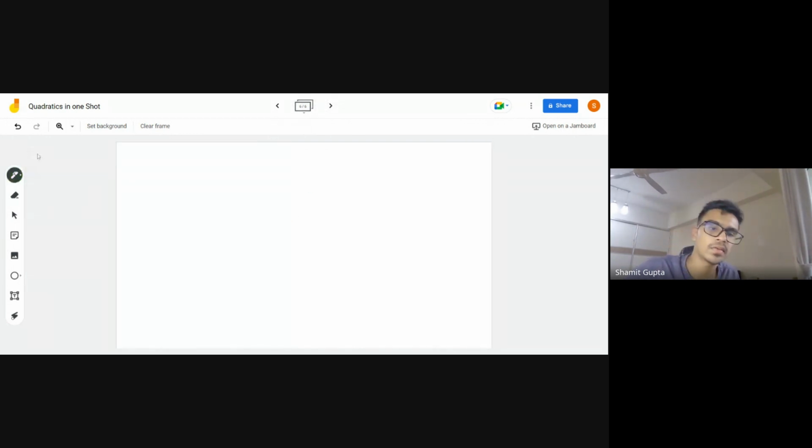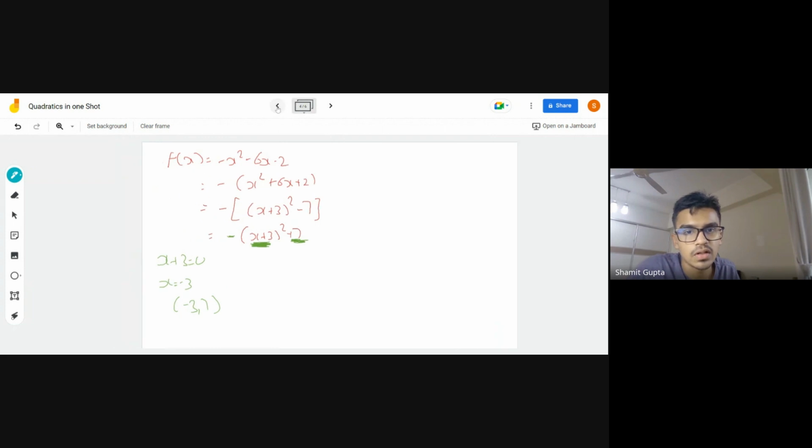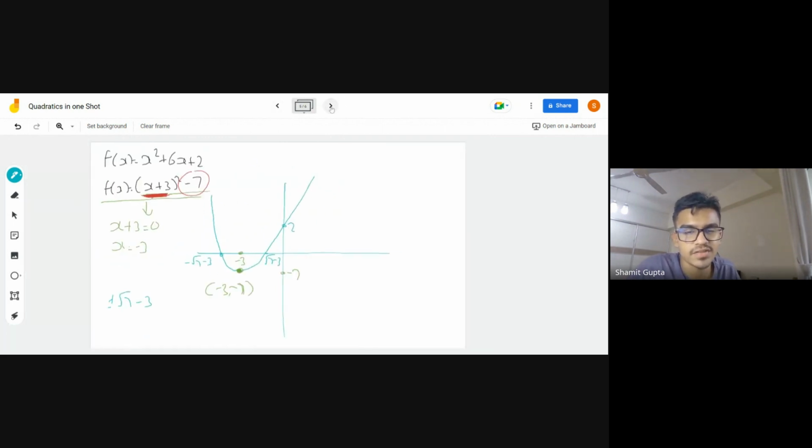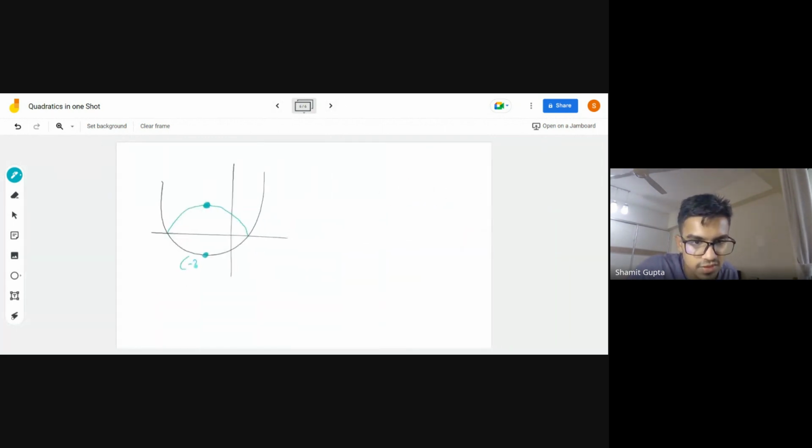Now, there's one question which they ask about the modulus of quadratic functions. Again, this is very easy. Suppose a quadratic function was like this. Very simple. Just reflect the negative side onto the positive side. The only thing which they sometimes might do is ask you to find this coordinate. Suppose this coordinate, like how we previously got, was (-3, -7).